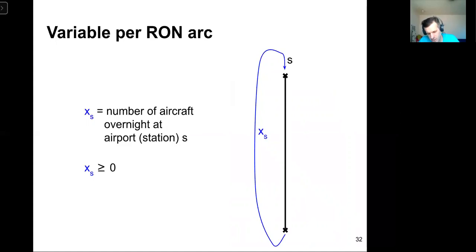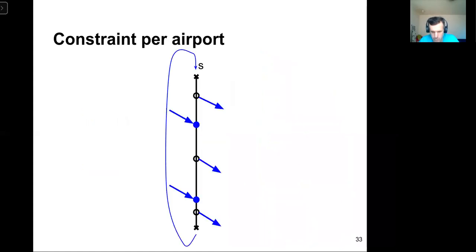Anyway, the notation is kind of the best I could come up with. If you have a better suggestion for a notation, you may use that. But we will use S to represent an airport and XS to represent the number of aircraft staying overnight at this airport. So those are the variables.